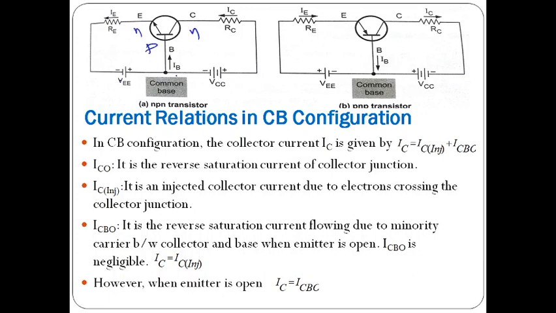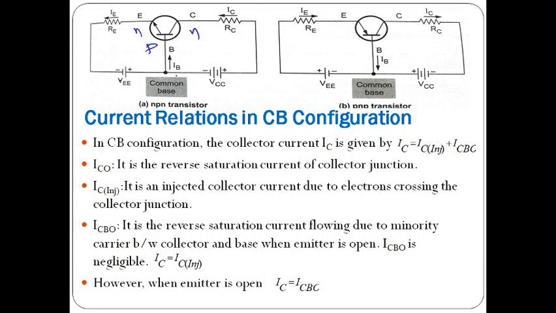In this common base configuration, the collector current IC is given by what we can write? IC injected plus ICBO. Yes, the collector current is nothing but the charge carriers crossing the collector junction. We can say it is the current due to the injected carriers from base to collector, and ICBO is nothing but the reverse saturation current because the collector junction is in reverse bias.